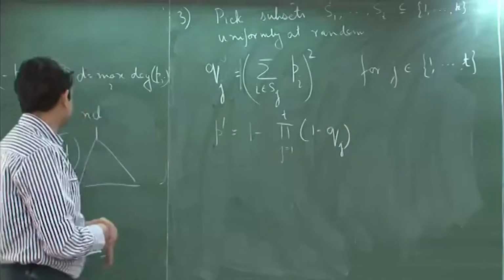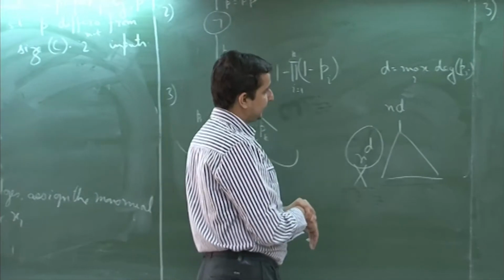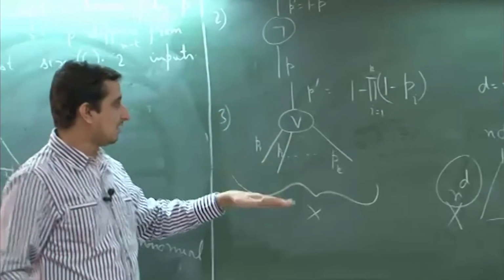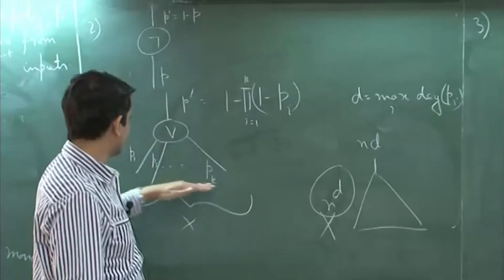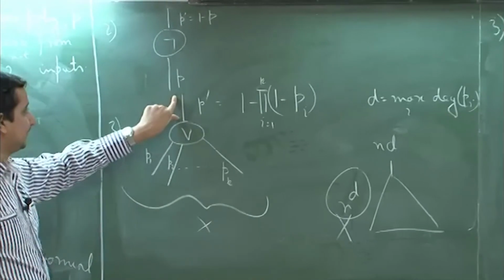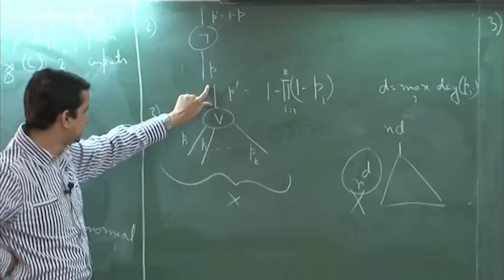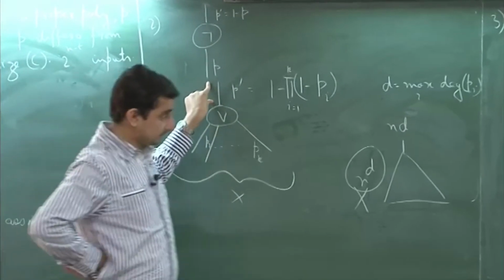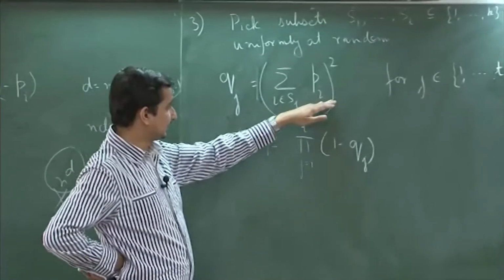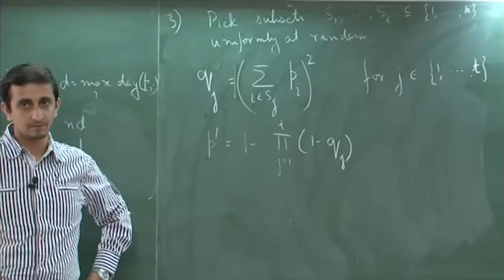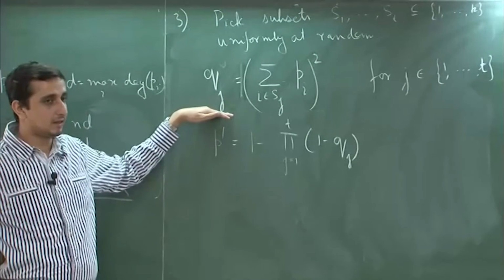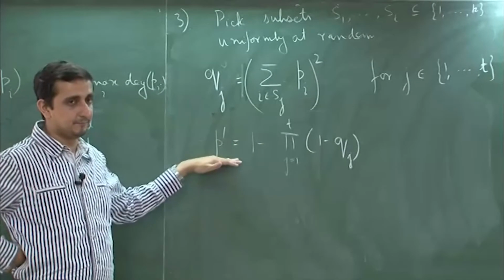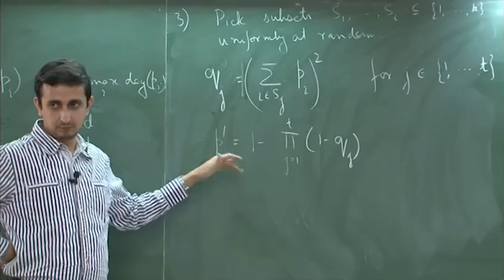Okay. And if you just analyze the degree, if we have this polynomial as the output polynomial of an OR gate, and let us say D is the maximum degree of our Pi's, then what will be the degree of the output polynomial? So, let us say the maximum degree of the Pi's is D. So, what will be the degree of Qj? 2D, and what will be the degree of P prime? 2tD, right.